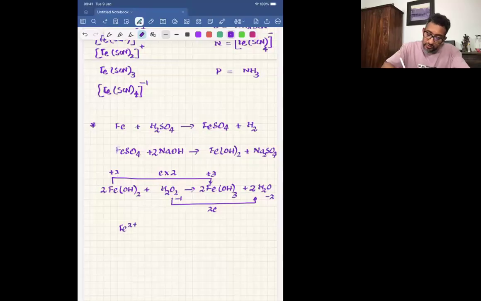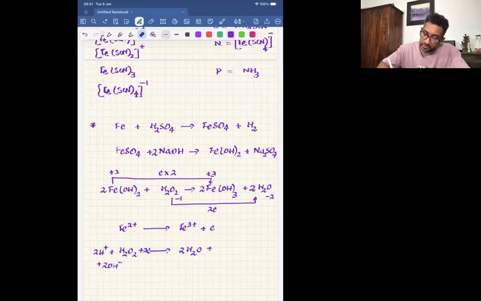Fe2+ turns into Fe3+, 1 electron. Hydrogen peroxide turns into water, 2 times 2, 4, so 2H+, with 2 electrons. But you can't have H+ in basic medium, so you add 2 hydroxide ions to this side, and that will cancel out here.